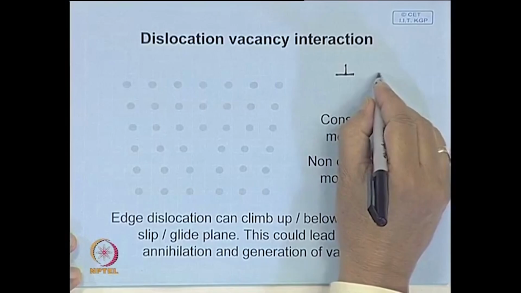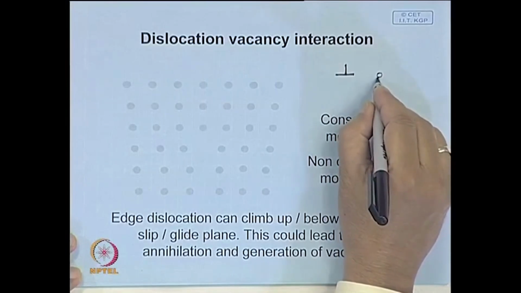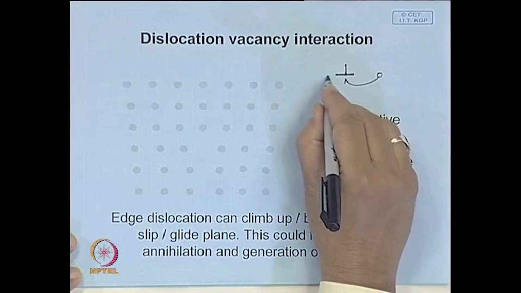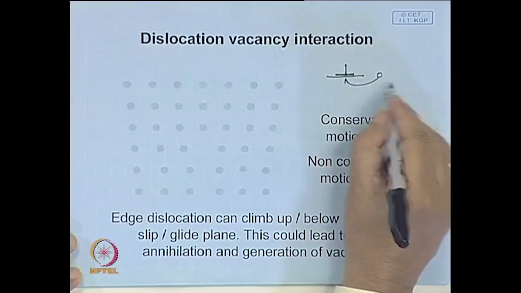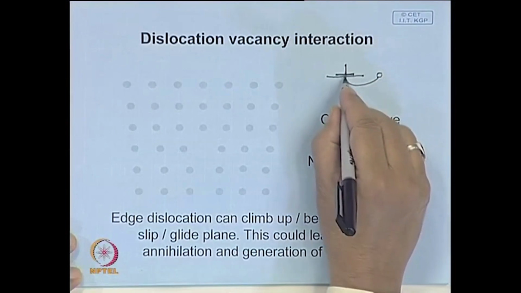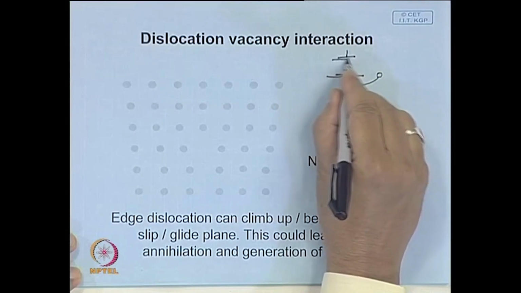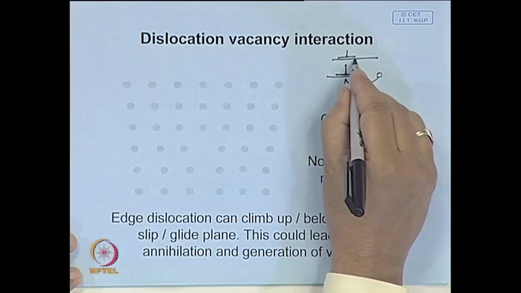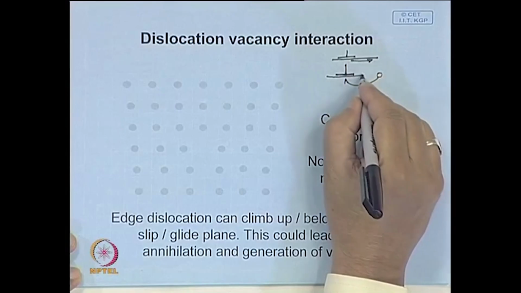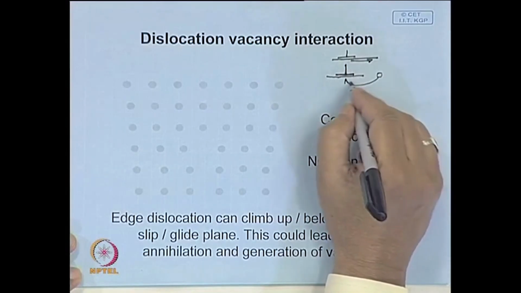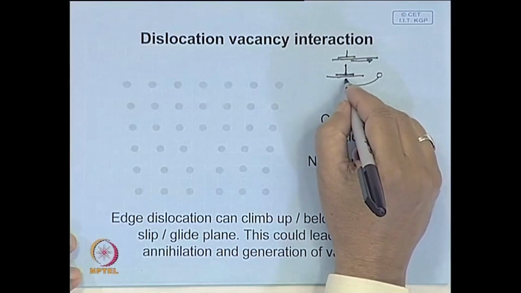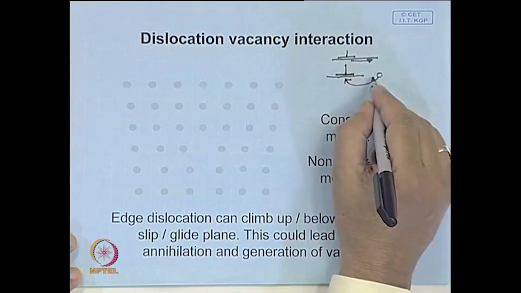When a vacancy comes here, right now the slip plane is this, but when a vacancy comes here, it moves up. That means it comes here, so now it can move on this plane, which is parallel to this. This gives an additional possible movement for this edge dislocation.